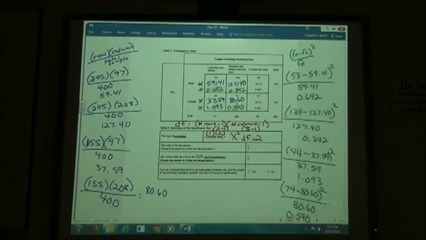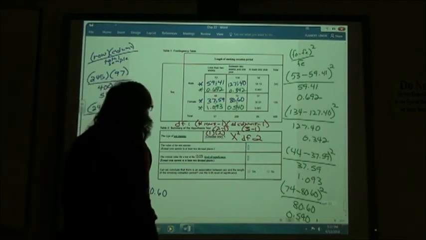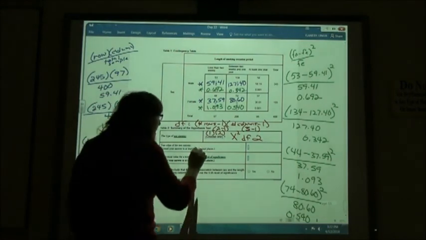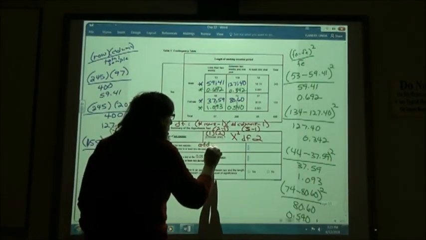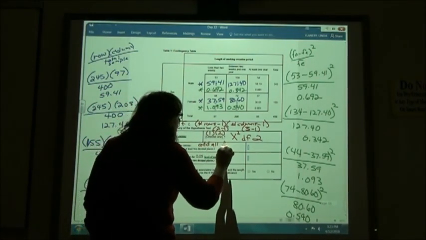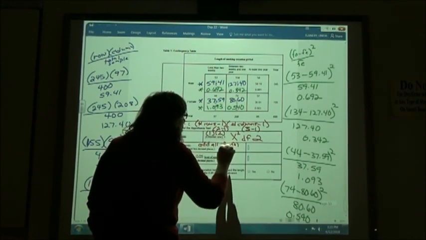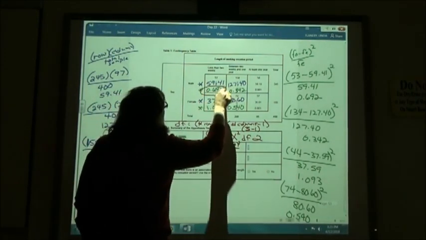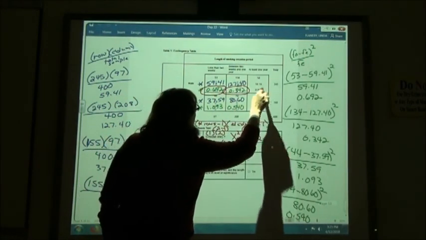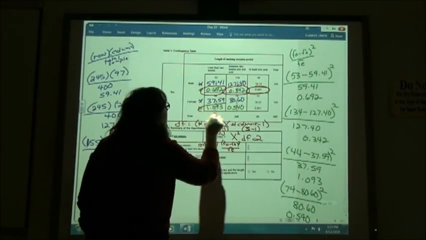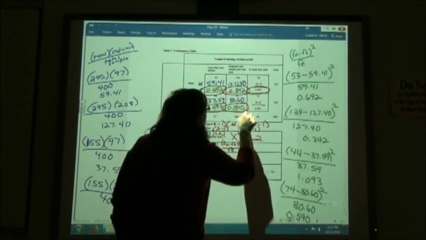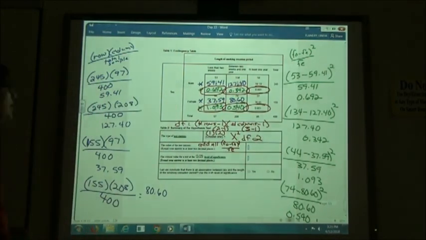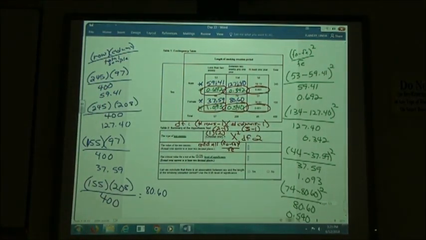Now the value of my test statistic. I'm going to add all of the FO minus FE squared over FE values. So I'm going to add this one, plus this one, plus this one, plus this one, plus this one, plus this one. Do not forget to add in the ones you didn't actually calculate. They're still part of your table.